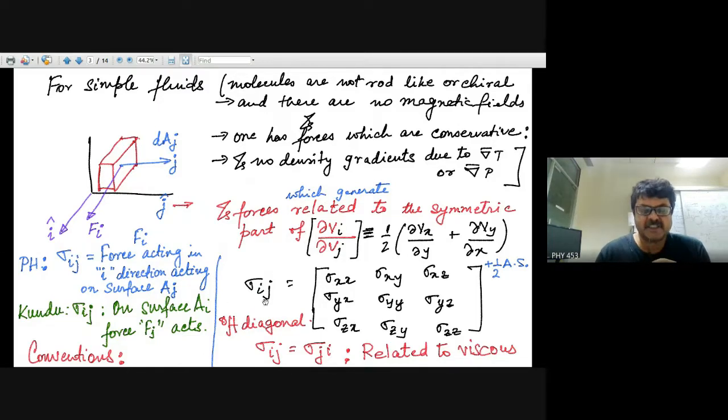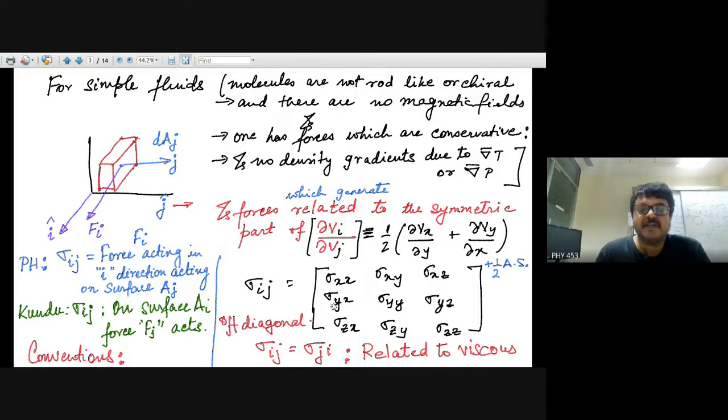Sigma ij is the stress tensor, which can be written as sigma xx, sigma xy, sigma xz, and as per Physical Hydrodynamics, you have the x force acting on a surface element whose normal is in the x direction, whose normal is in the y direction, and whose normal is in the z direction, right?